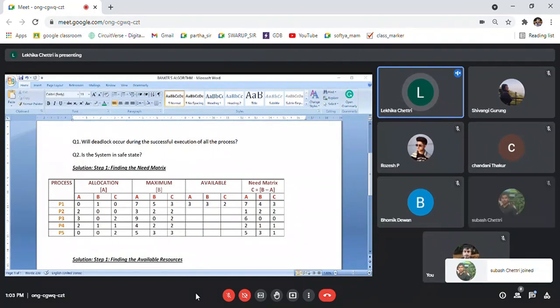What are the necessary conditions for deadlock?